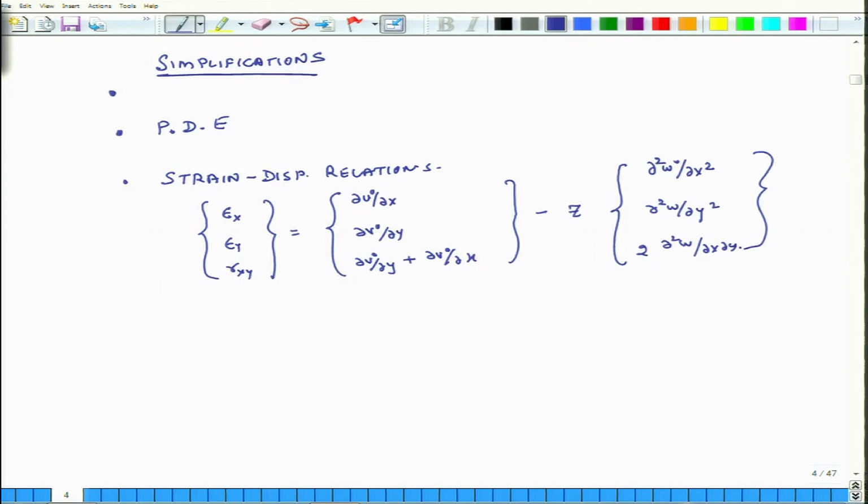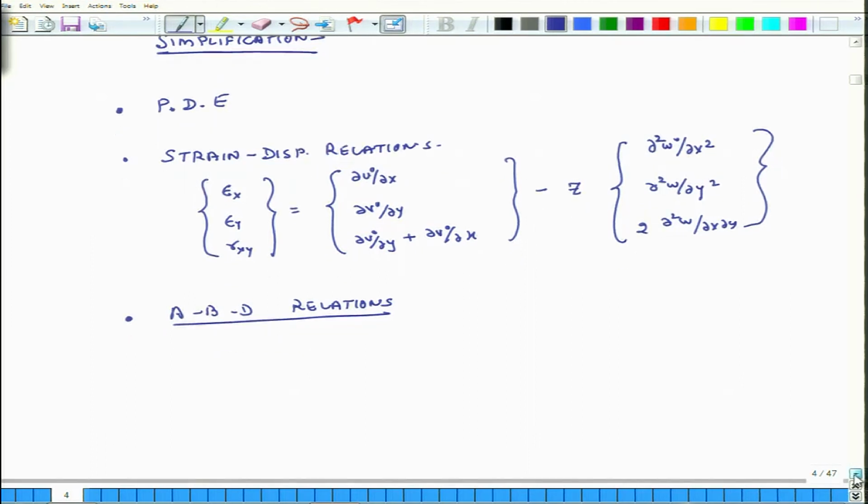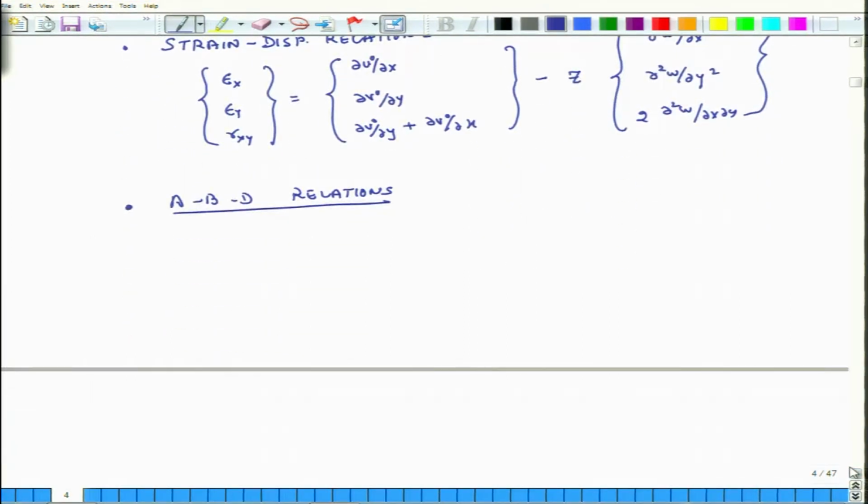So, we should also see if anything in these strain displacement relations can be simplified. And once again, in context of finite plates, most of the times we cannot simplify these relations also. The third area to look forward to is ABD relations. What kind of simplifications can exist in these things?